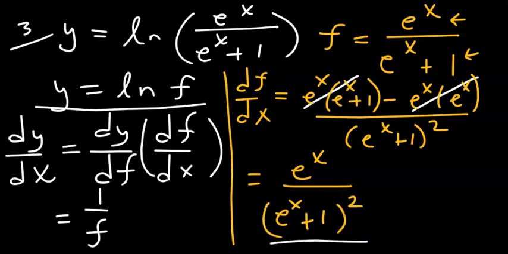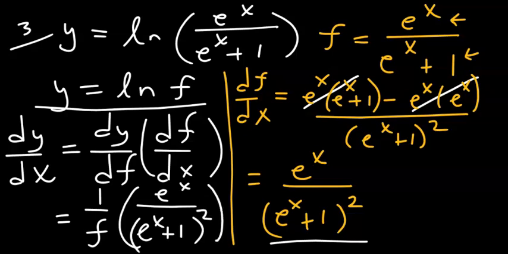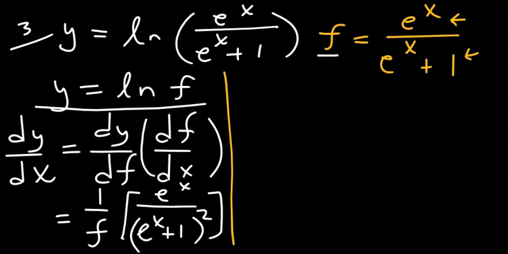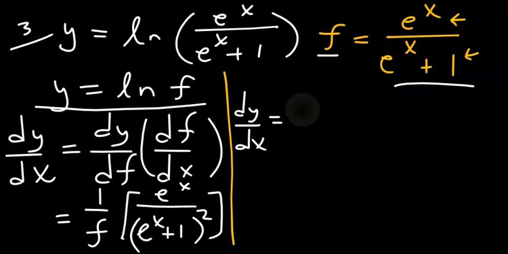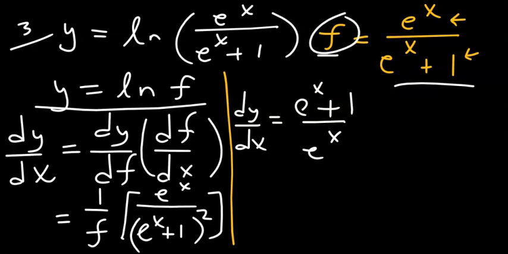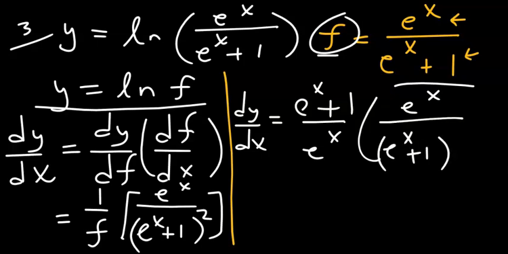So let's substitute this in here. e to the power x over (e^x plus 1) squared. Since f is defined by this function, your dy/dx will become 1 over f. That means (e^x plus 1) over e^x, the inverse of f, times e^x over (e^x plus 1) squared.